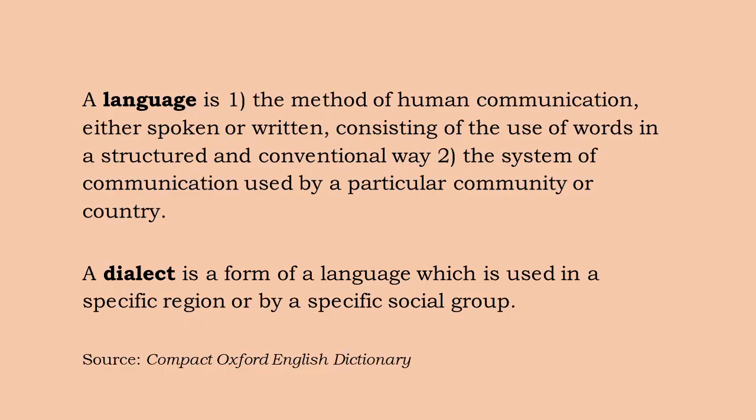If a language is a system of communication used by a particular community or country, and a dialect is a form of language used in a specific region or a specific social group, the boundaries between the two are very grey. Sometimes it's obvious what a language is.